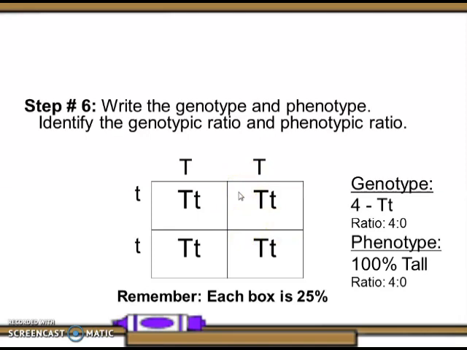Add up the chance of each square with 2 recessive alleles to get the possibility that the offspring expresses the recessive trait. Now, in our example, the offspring has a 100% chance to be tall. So we have here the genotypic ratio of 4:0 and the phenotypic ratio of 4:0. Remember, each box is 25%.